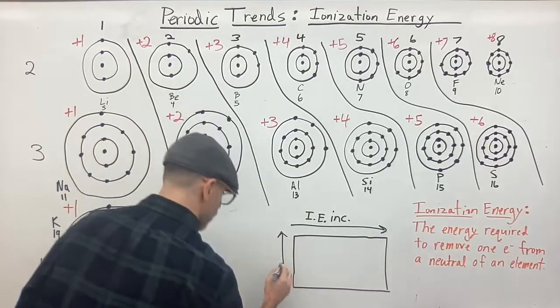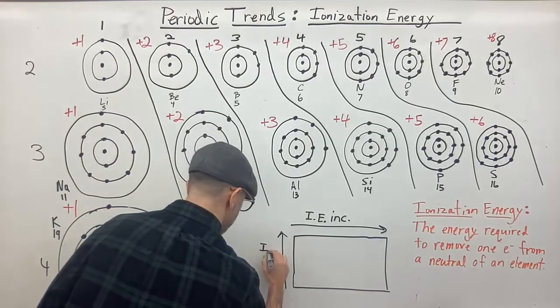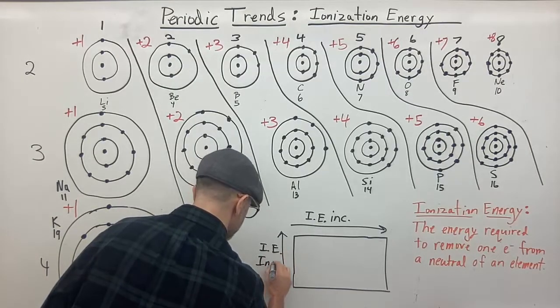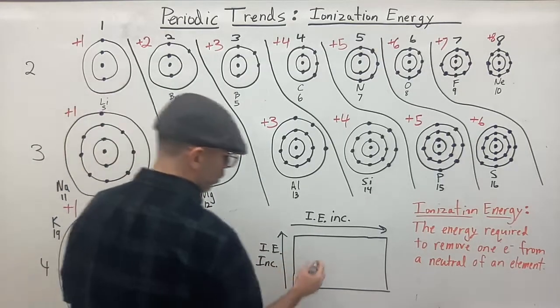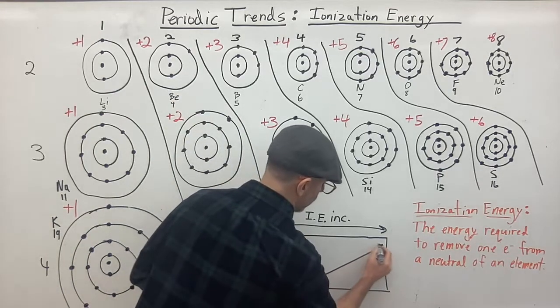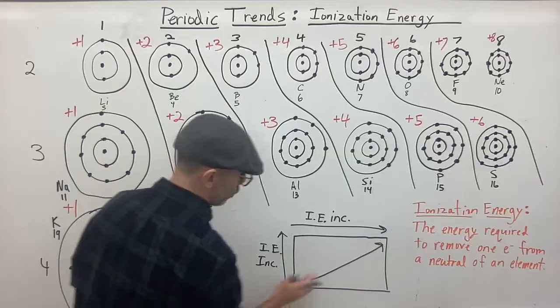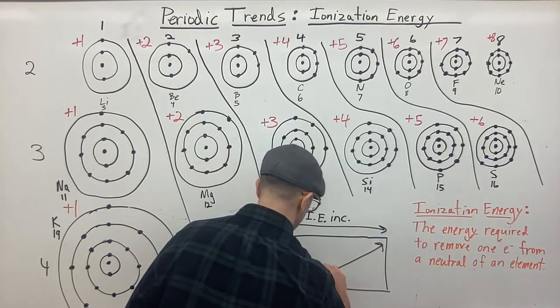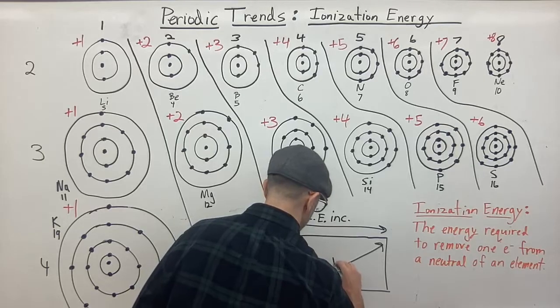Either way you want to think about it. So ionization energy increases going up the group. So then the overall pattern in the periodic table is that going from this corner to this corner, you have increasing ionization energy.